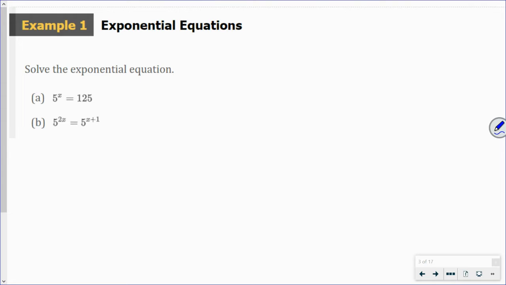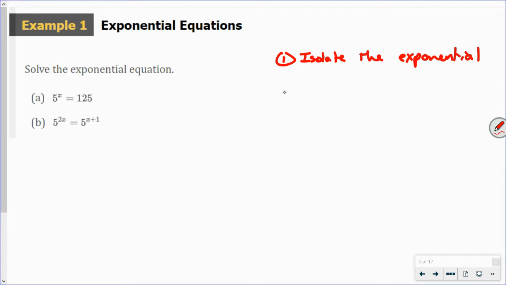So here, solve the exponential equation. There are a few steps to solve. Step 1 would be isolate the exponential. That means just get your exponential on one side.